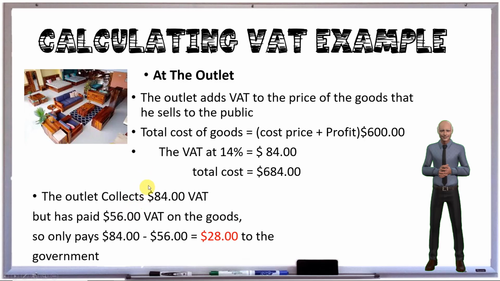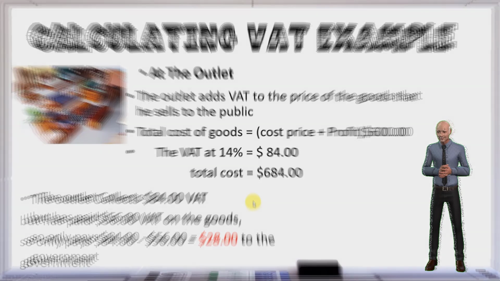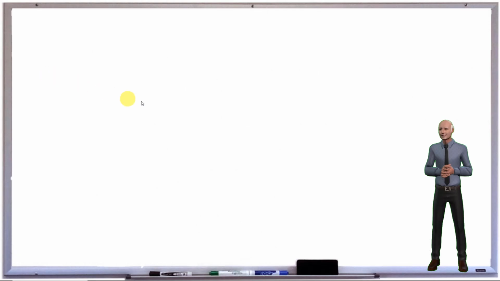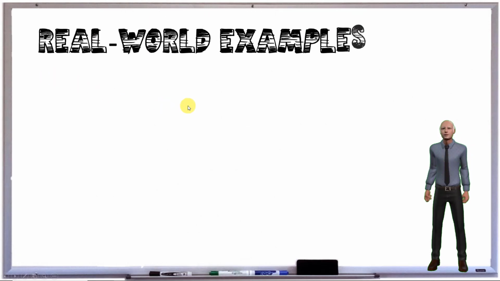So as you can see, if one guy is dishonest in the whole process, the government doesn't lose all the tax. They still get a good part of the tax, and that is why so many countries do prefer to use the VAT system. Although it's a lot more complicated, yes, it is a much better and a much safer system. Okay, let's go and have a look at using VAT in a real world scenario.